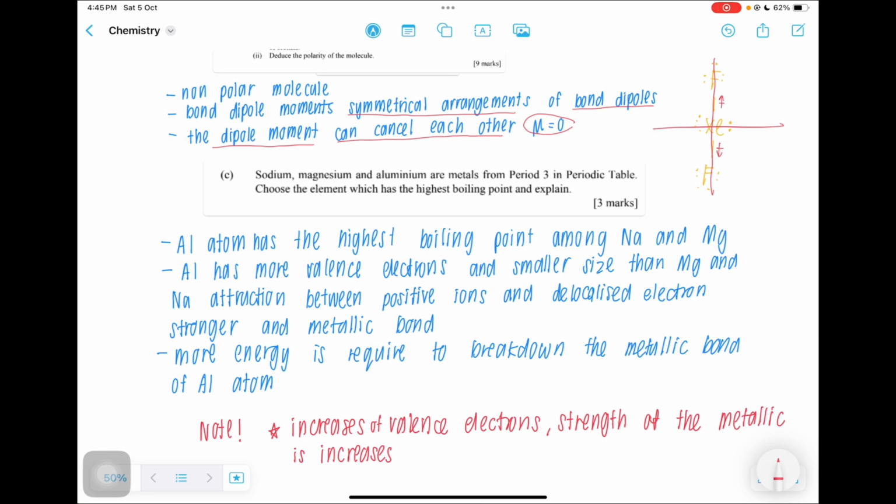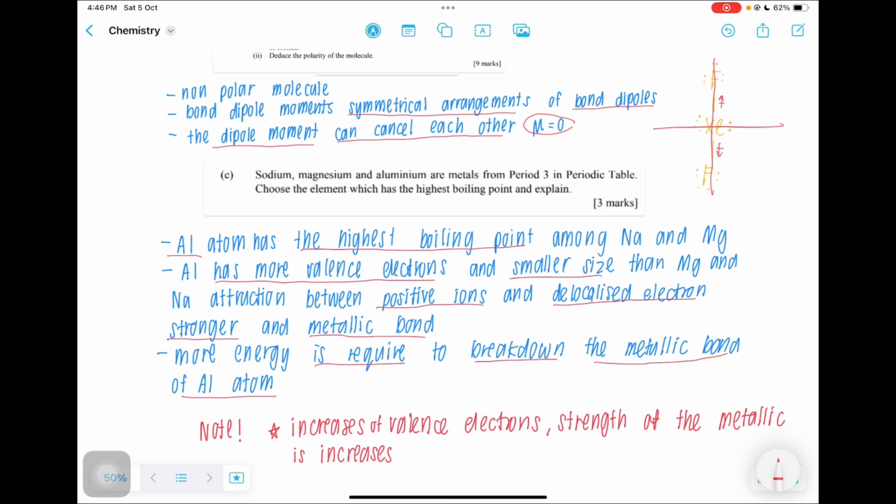So aluminium has the highest boiling point among sodium and magnesium because aluminium has more valence electrons and a smaller size than magnesium and sodium. The attraction between positive ions and delocalized electrons is stronger, giving a stronger metallic bond, and more energy is required to break down the metallic bond of aluminium.